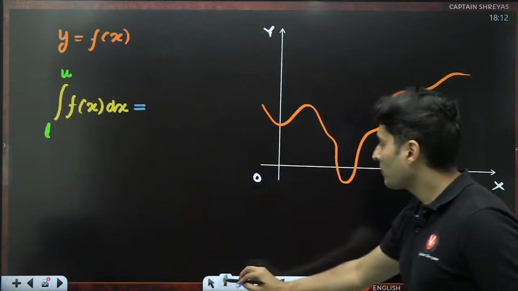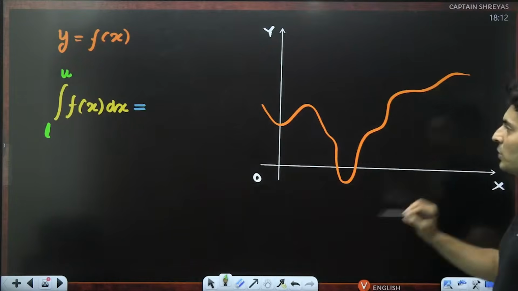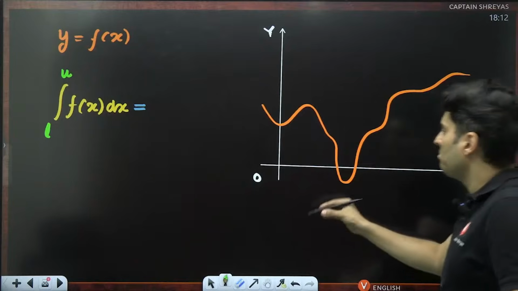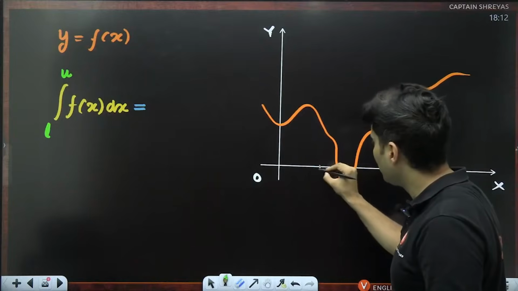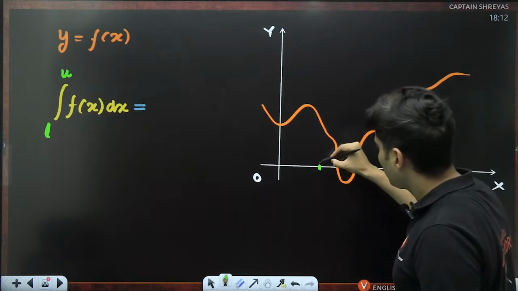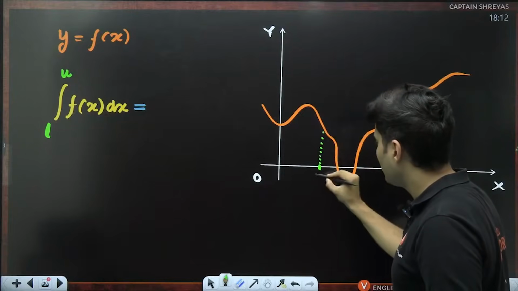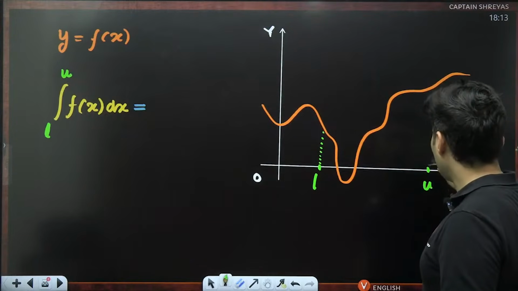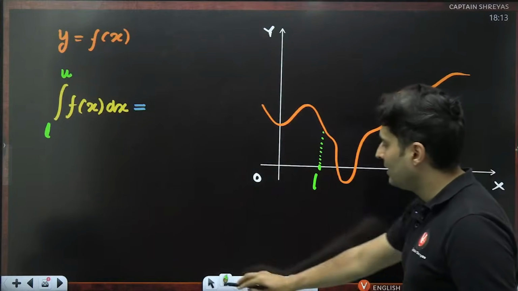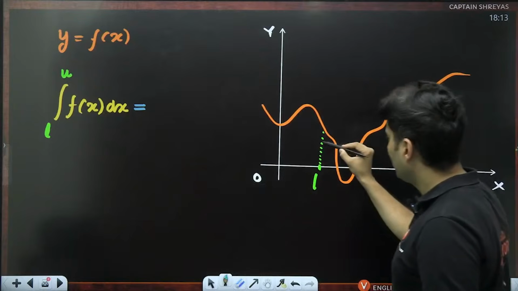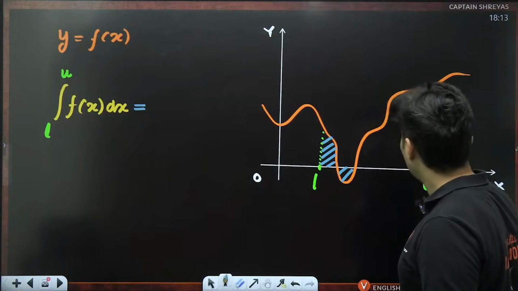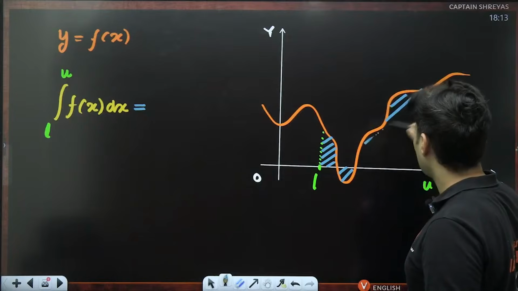This is the function. You substitute L and U, which on the x-axis will be somewhere. Maybe L is over here, maybe U is over here. From L, you go up, from U, you go up or down, depending on where the graph is, and then shade this part.